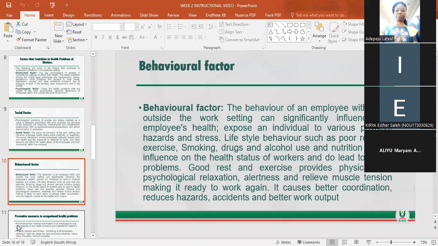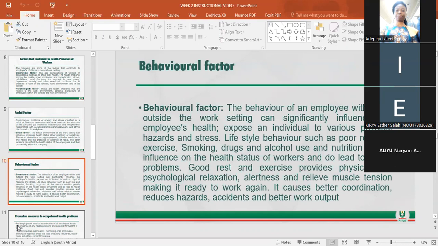And instead of going home, taking a good rest, refreshing themselves, taking a shower, taking their meal, and resting in preparation for the next day's job, they engage themselves in other activities, so they don't have time to rest. So the body is not actually rested to be able to fire again the second day for the activities.